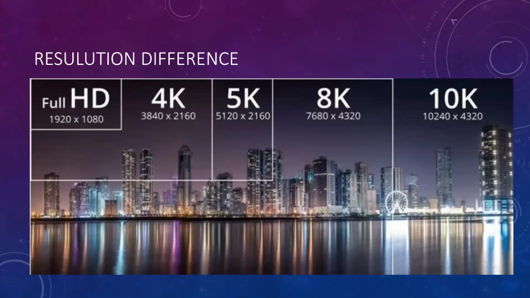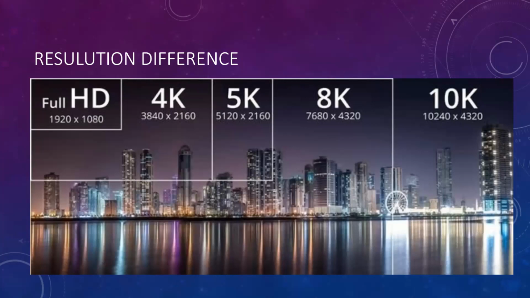So this is the whole picture, the difference between 10K and Full HD. For 10 years we used Full HD as our standard, but nowadays we are using 4K. In the coming future, there will be 8K and 10K. But in places like Hong Kong, with small houses, it is hard to place a big monitor like an 8K or 10K television.